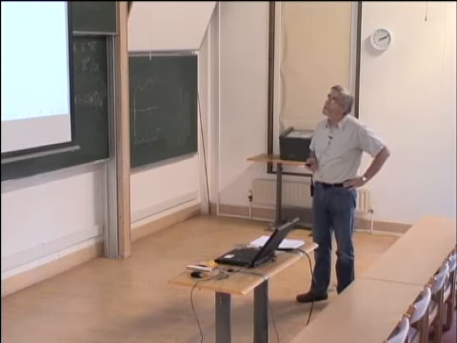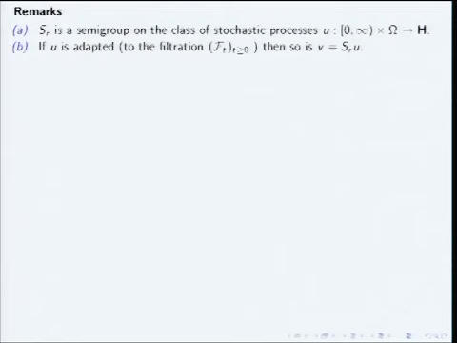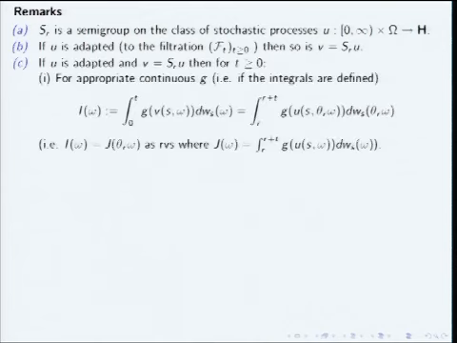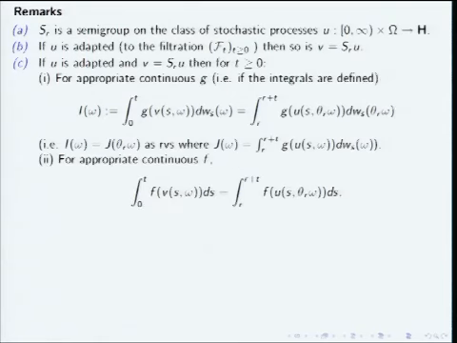So a few obvious remarks. It's a semigroup on the class of stochastic processes, and the shifting retains the adapted property. And then you get the obvious relationships between both stochastic integrals and deterministic integrals.